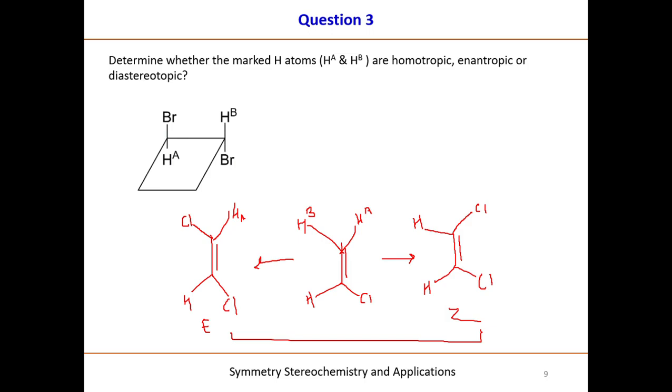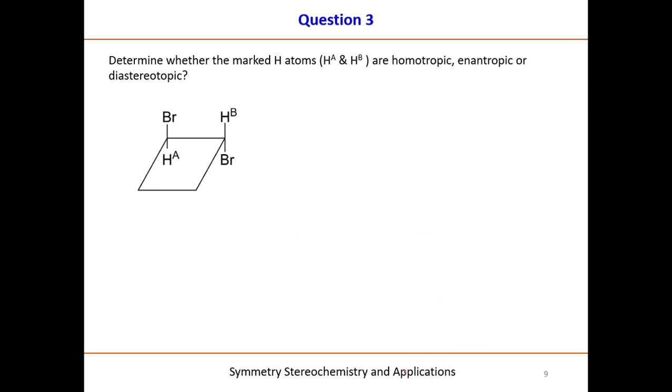Now we will discuss the question, a previous year assignment question. So this is the first example. Here we have HA and HB. We will check the symmetry and topicity of the HA and HB atoms here.